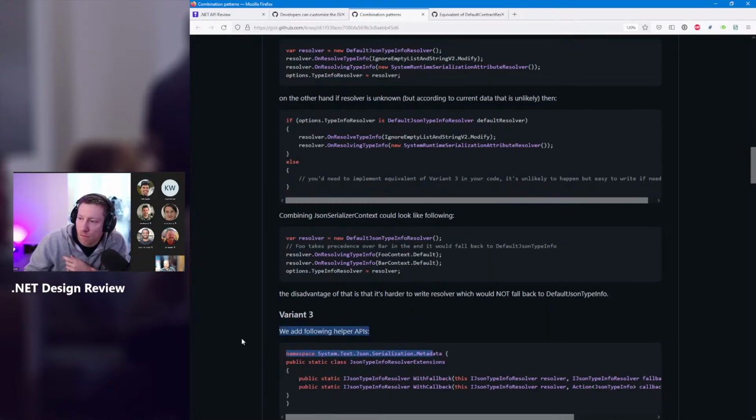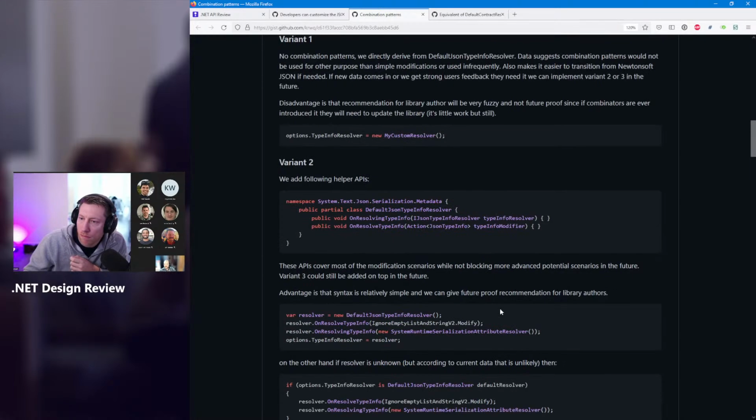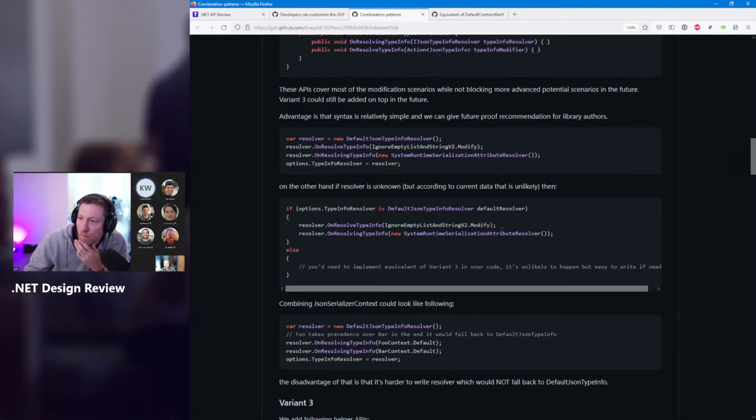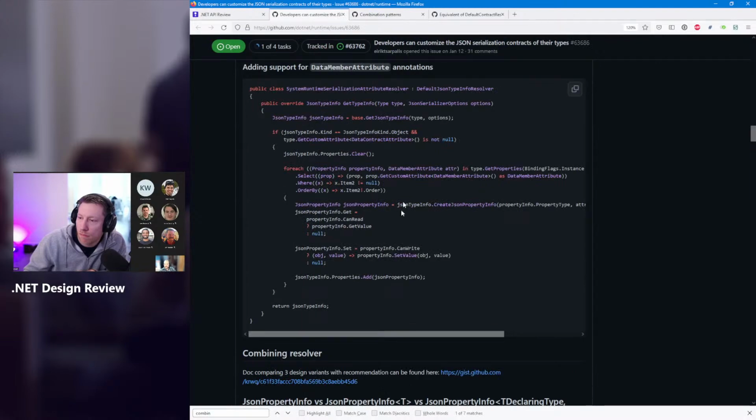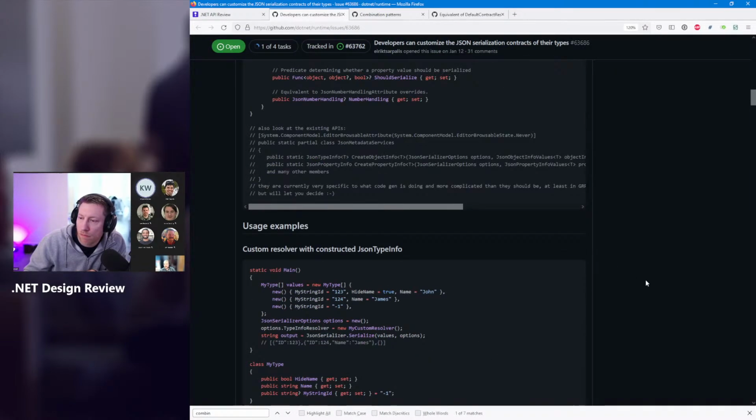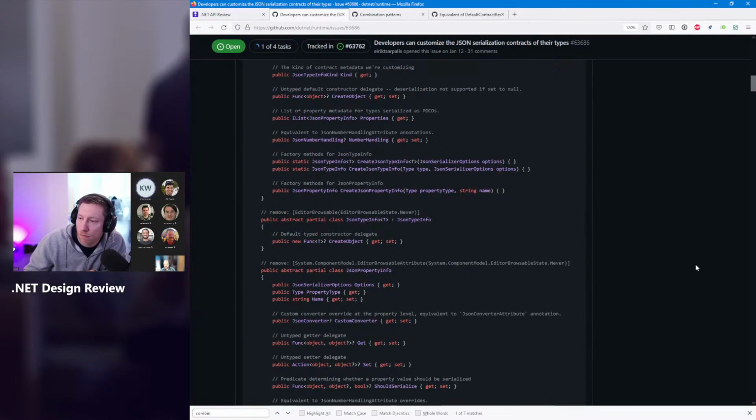Fair enough. And I assume the get type info becomes virtual at that point, because otherwise it's useless to make it unsealed. Yep. Okay. I think the original did have it virtual.